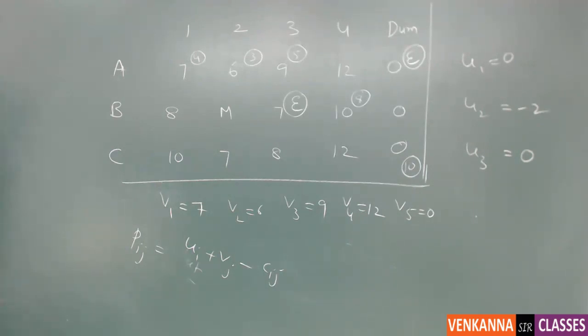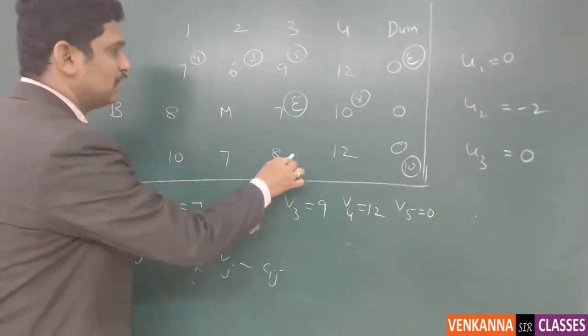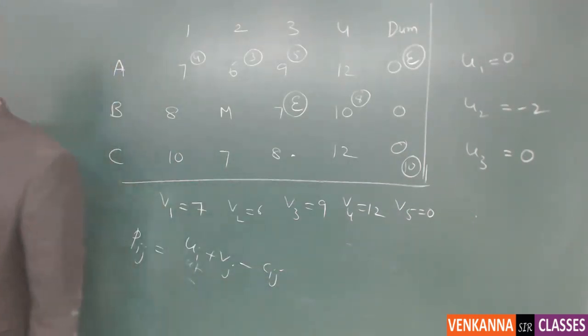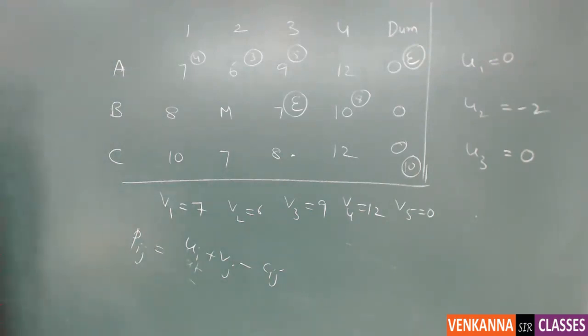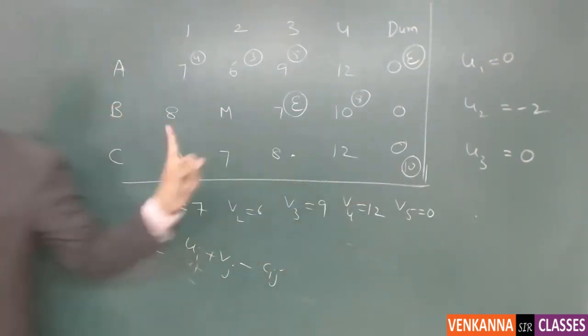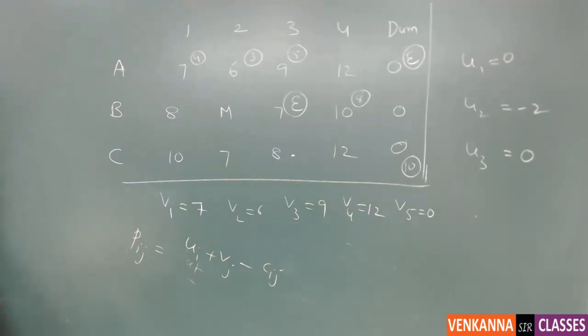So u3, v3. This thing you are mentioning, right? Because 9 plus 0 minus 8 is 1, that is the positivity. Next thing. Can you find any other positivity there? That's all. That is the only positive we have.